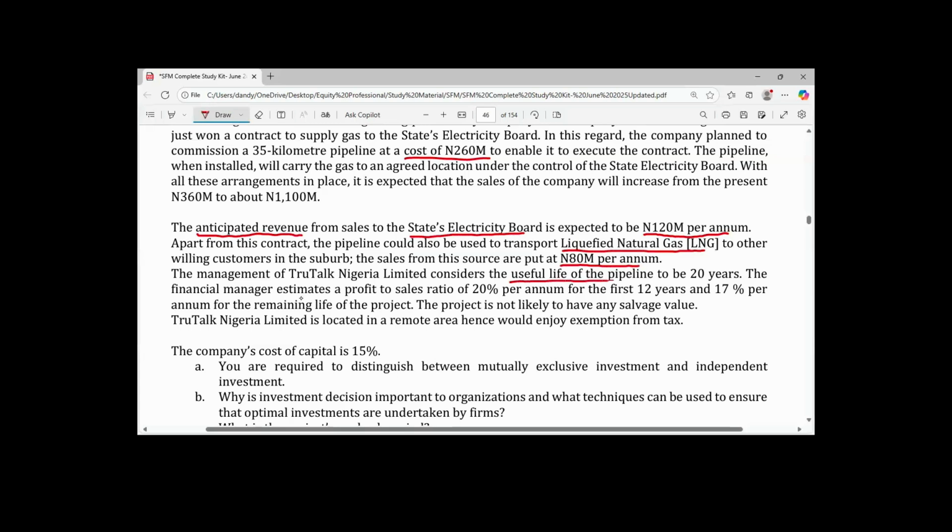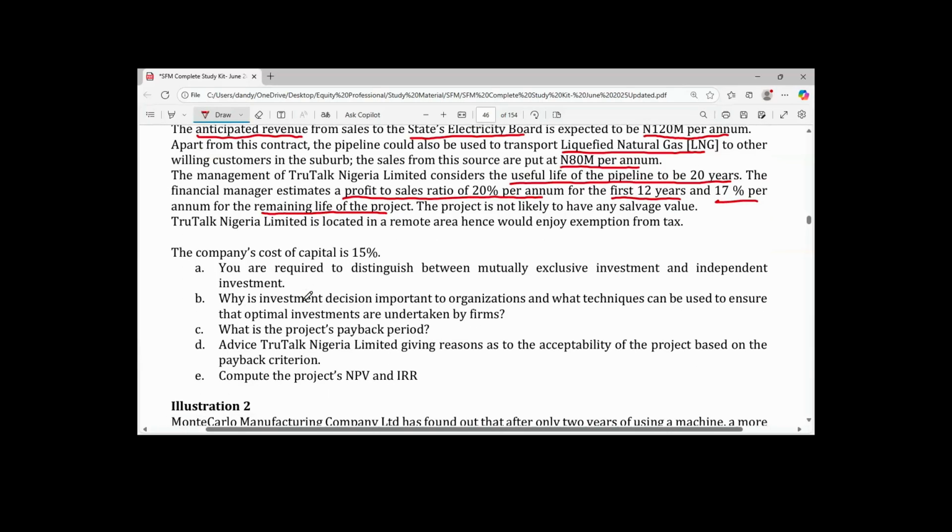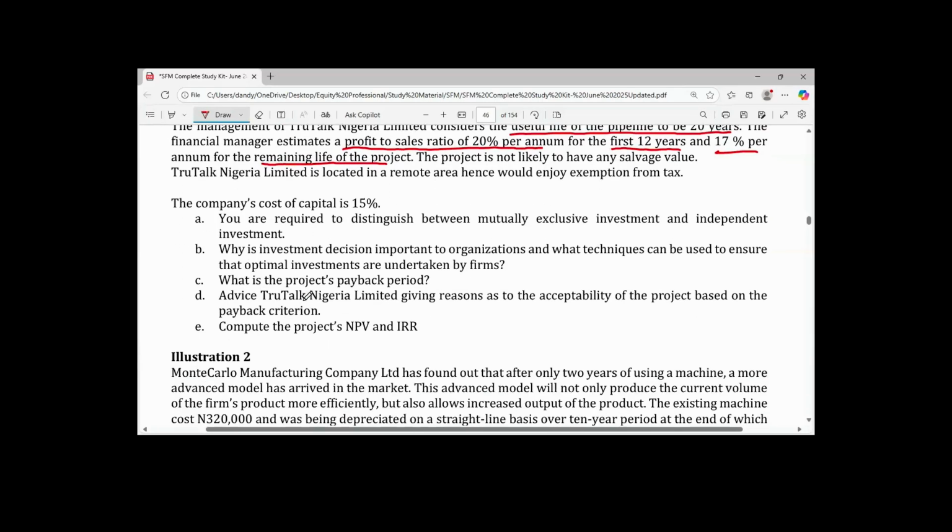The financial manager estimates a profit to sales ratio of 20% per annum for the first 12 years and 17% per annum for the remaining life of the project. The project is not likely to have any salvage value. True Talk Nigeria Limited is located in a remote area, hence would enjoy exemption from tax. The company's cost of capital is 15%.